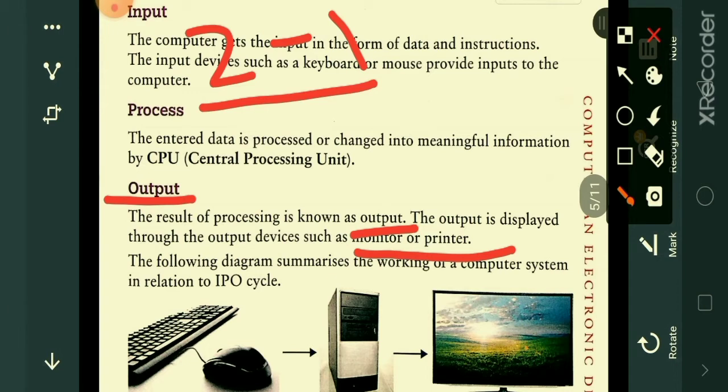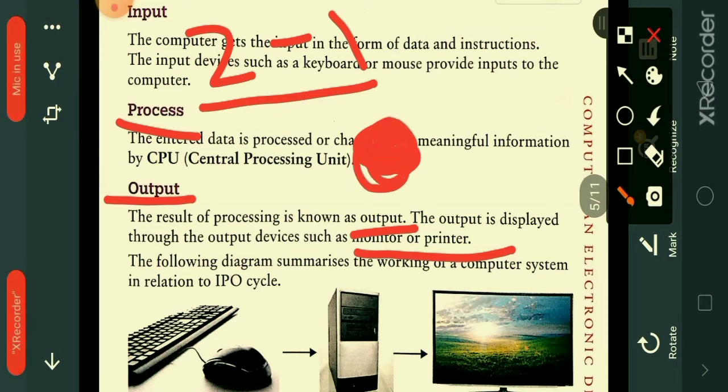Now these inputs are processed here inside the CPU, that is central processing unit. To get the result of 2 minus 1, it is processed here. So after processing you will get the result, right? 2 minus 1, you will get 1. So here you will get the 1 in output.